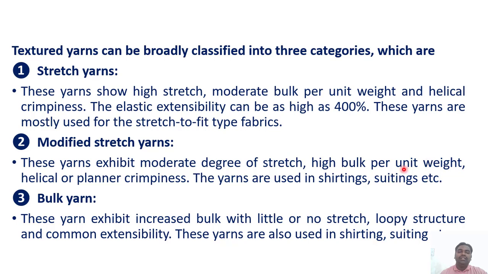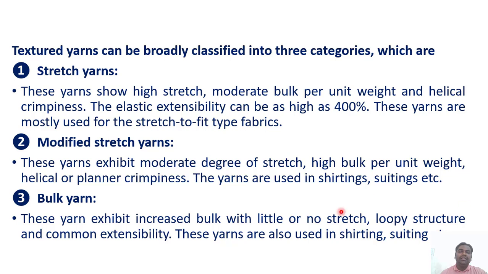So here the stretch is moderate but the bulkiness is higher per unit weight. Next is bulk yarns. These yarns exhibit increased bulk with little or no stretch, are loopy in structure, and can be used in shirting and suiting applications.